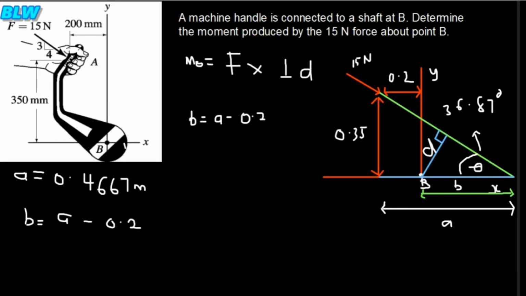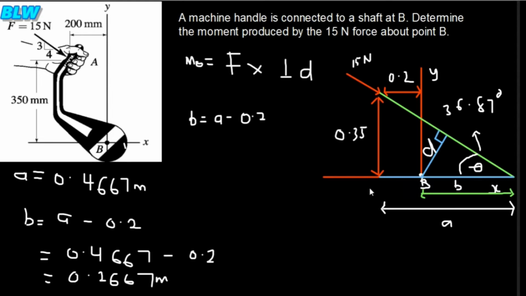That should be equal to 0.4667 minus 0.2, which gives me 0.2667 meters. So that's the value for this B here.